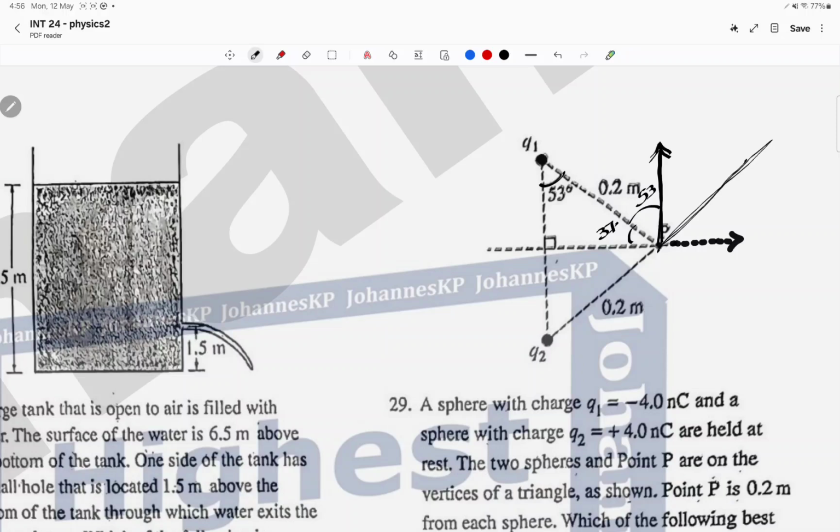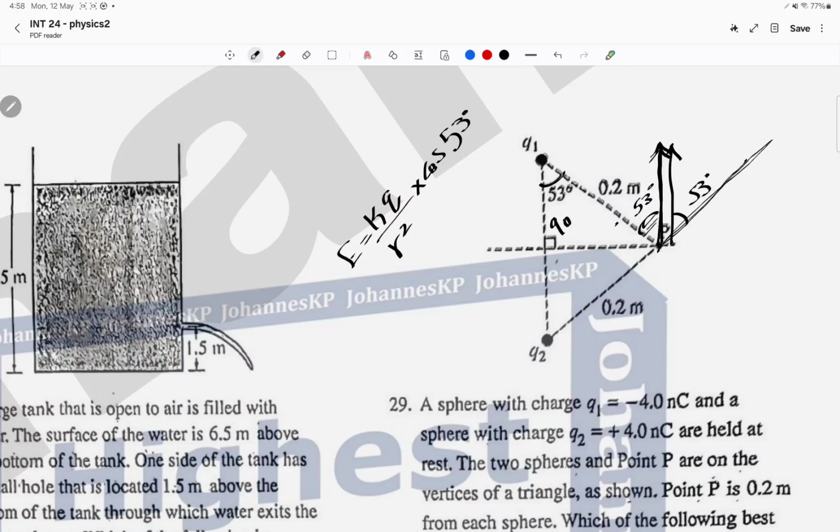So both rays will have 53 as the angle, and they both have the same exact charge and the same exact dimension. So find the field by one of them, multiplied by the cosine of 53, and then double it. So E is equal to K Q over R squared times cosine 53.